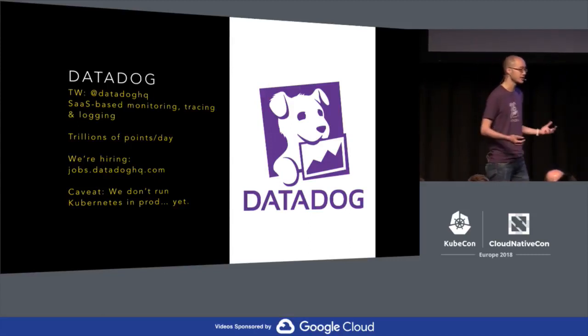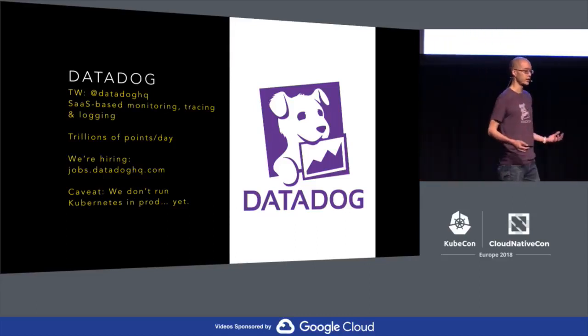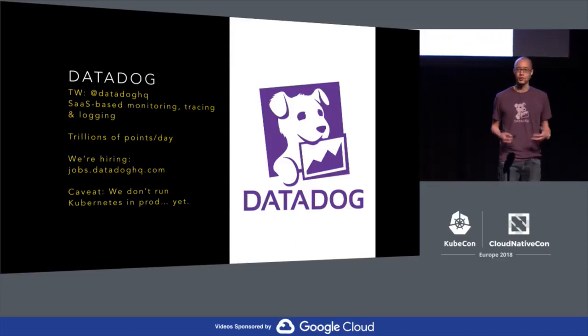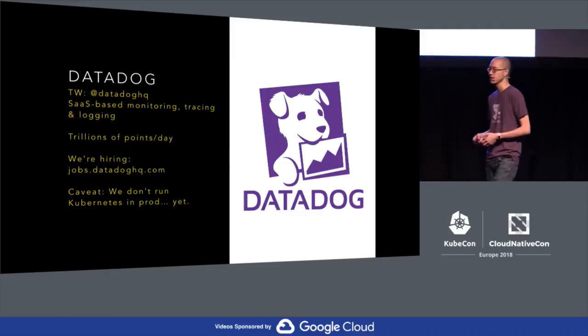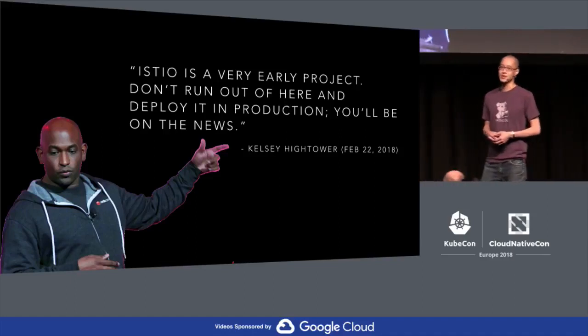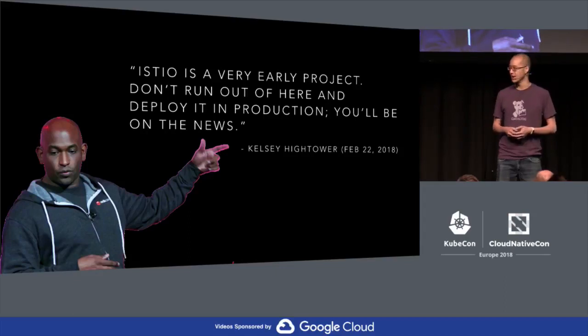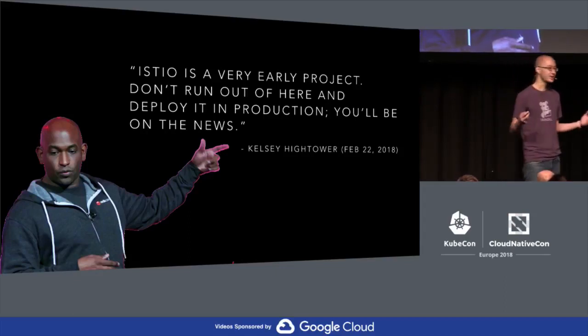And one caveat about this. We are, just like many of you, moving to Kubernetes. We are exploring Istio. We haven't rolled it out across everything that we've got, so we are in the same boat as a lot of you in migrations. The other thing that I should mention with Istio is this fantastic quote from Kelsey that he made in February, that Istio is fantastic.